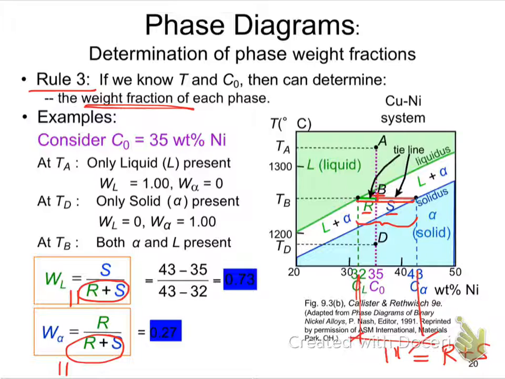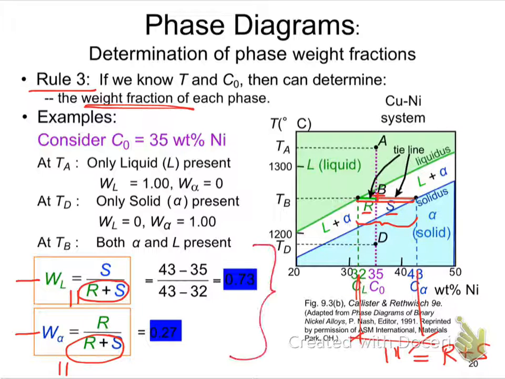Okay, so the percent liquid or the ratio of liquid is going to be S over R plus S, and the composition or the weight fraction of the solid is the R over R plus S. This concept is what we call the lever rule.